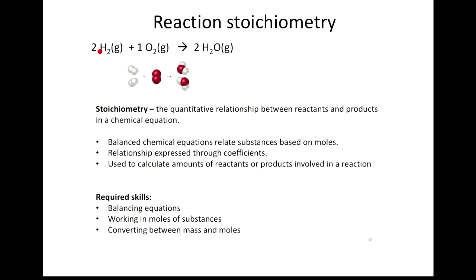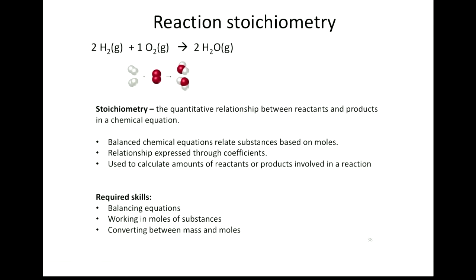I need 2 hydrogen gas molecules to react with 1 oxygen gas molecule to make 2 water molecules. So these numbers have meaning. When working with stoichiometry, the important thing is that we always need to be working in moles of substances. When we're working in moles, we can use these coefficients.